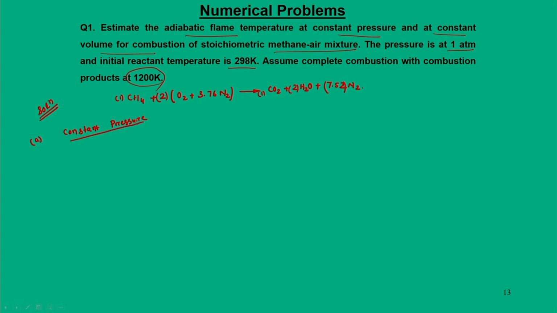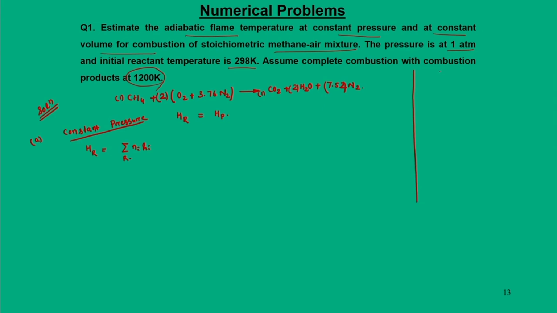So, case 1 is constant pressure. For constant pressure we say that H reactants is equal to H products. Now, H reactants can be calculated by the summation of N_i H_i for the reactants. Before we go further, we need some data.